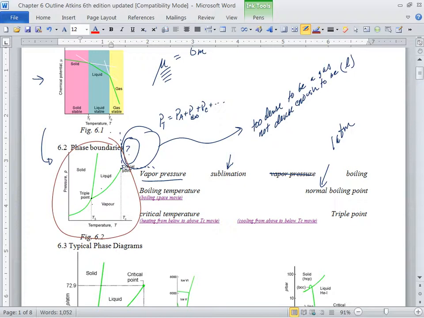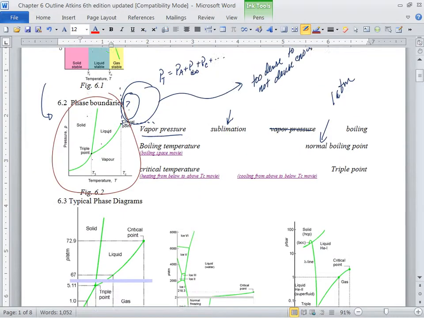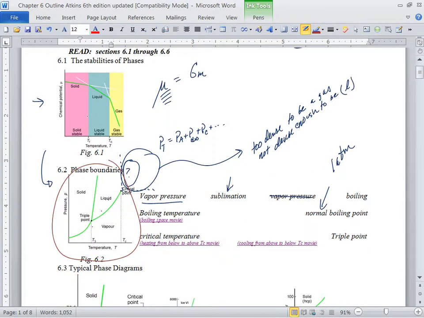Okay. Does it have to always? No. And this is most every compound known to man, that type of plot, and that type of boundary between solid and liquid, where the melting point increases as you increase the pressure.